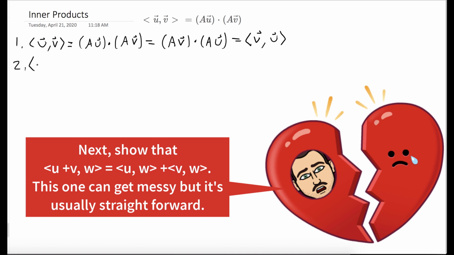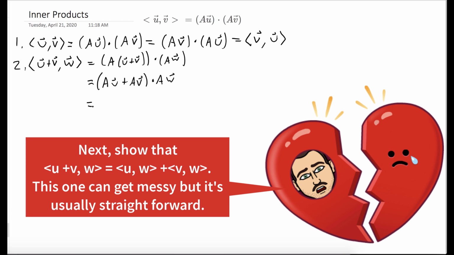Now we want to show that if we start with u plus v times some vector w, we could distribute the w in. So this is A times the vector u plus v dotted with Aw. But we could distribute a matrix in. That's one of the properties of matrix multiplication. So it's Au plus Av dotted with Aw.